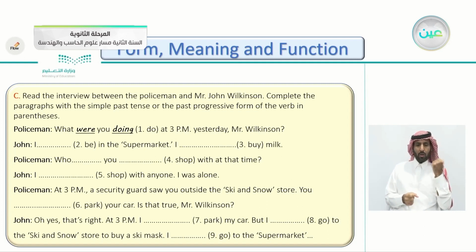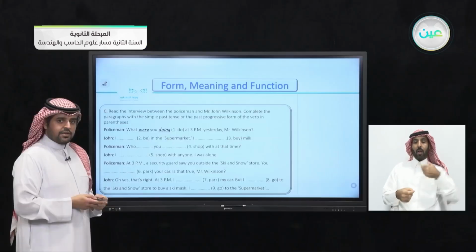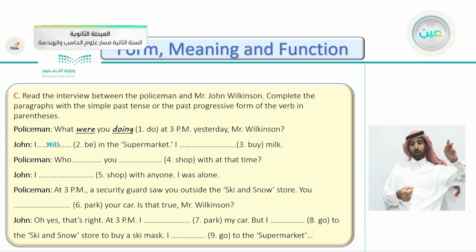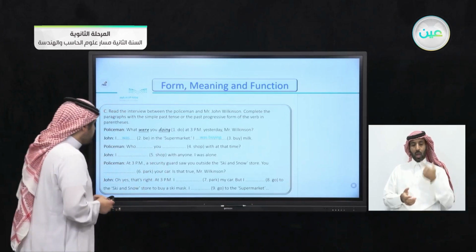At 3 p.m. yesterday, Mr. Wilkinson. John, I was in the supermarket. I was buying milk. Yes, I was in the supermarket. And the verb buy here. I was buying milk because this is in the past and it was taking time. I was buying milk.